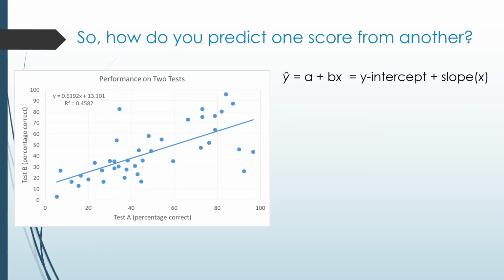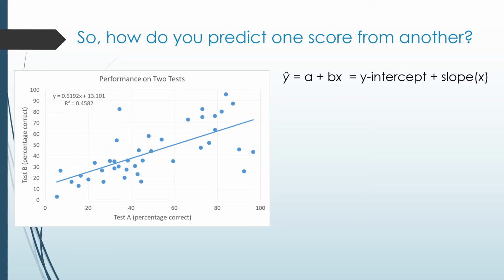We can express that line as a relationship between x and y, where y hat is the predicted value of y, not the actual value, but the predicted value, which would be right along the line. It is equal to a, which is the y-intercept, the point where that line would cross the y-axis. So when x is 0, that's what the intercept is.